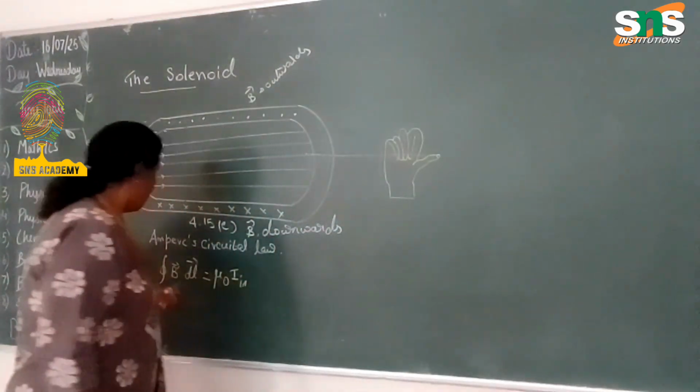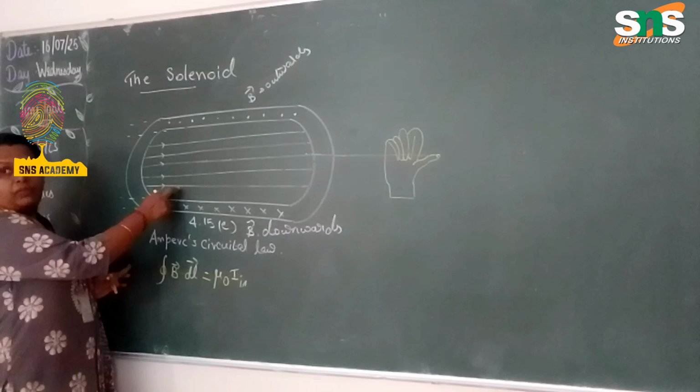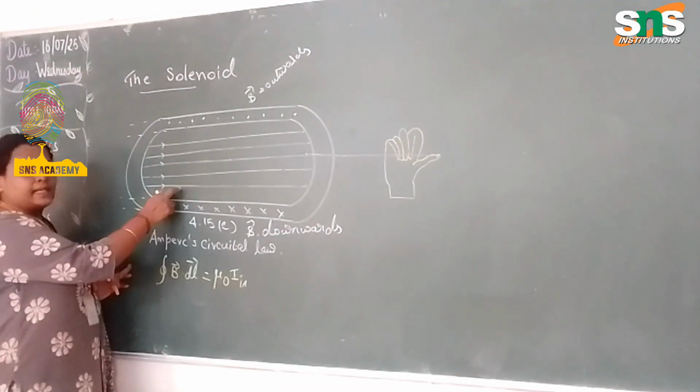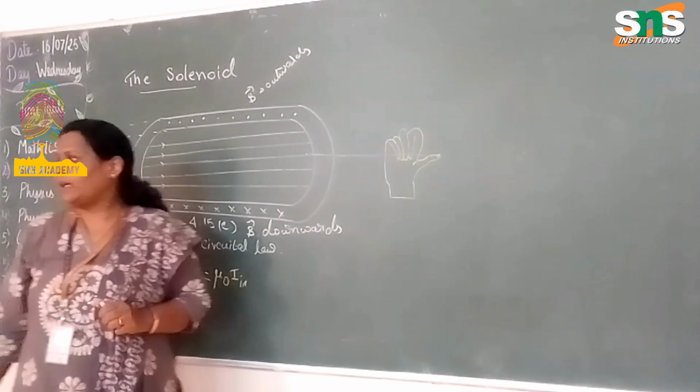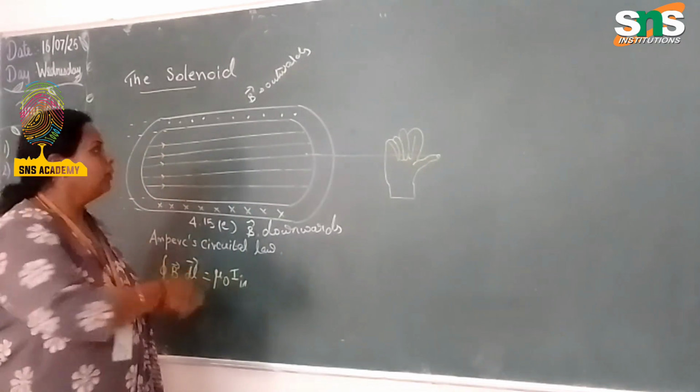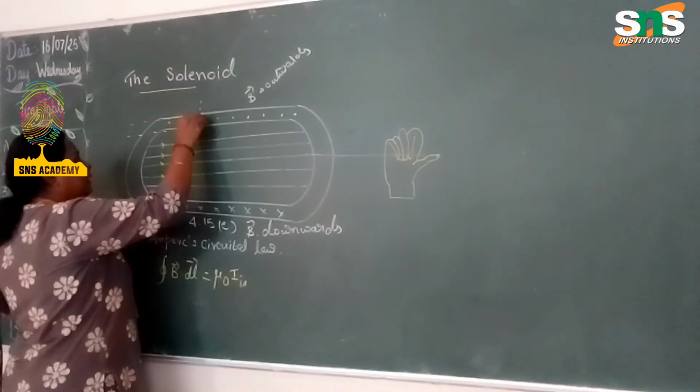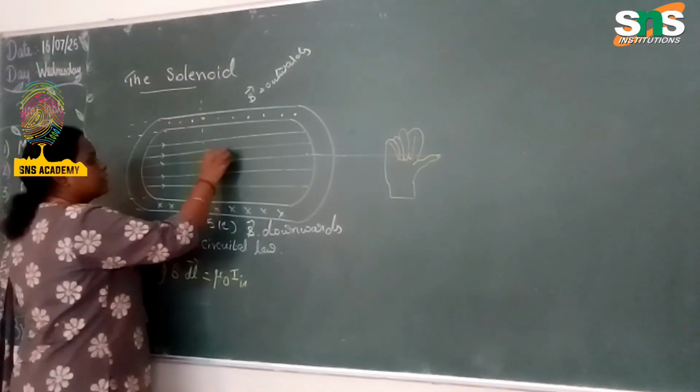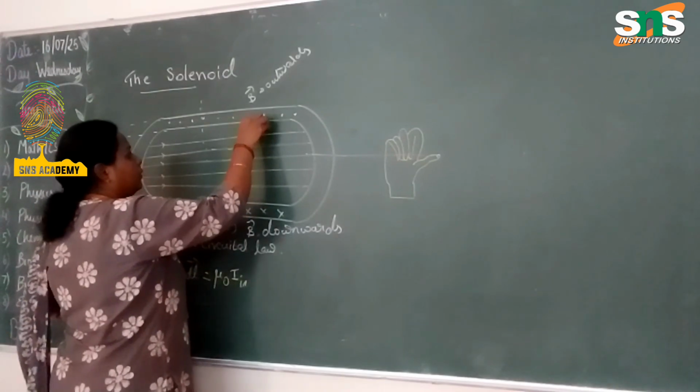So here in this figure I am going to consider a rectangle. Is it symmetrical in shape? Yes. So let me draw a rectangle that covers all the part of this solenoid.